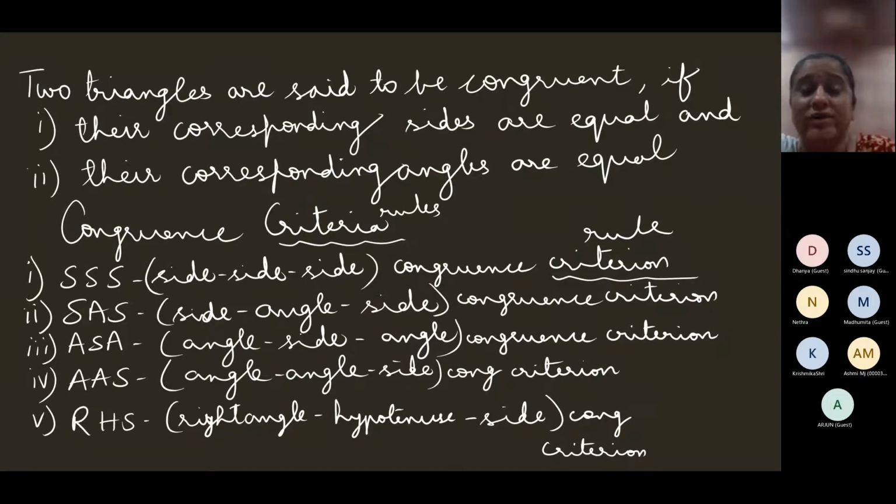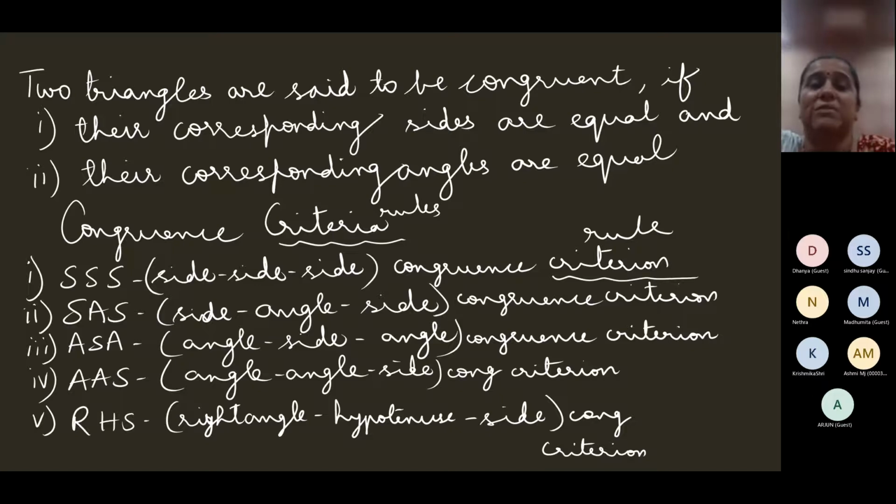easily. Otherwise, we'll have to compare all the 6 aspects, which will take more time and you'll need more information also for that. So with the help of these criteria and minimum information given, you will be able to check if the two triangles are congruent or not.